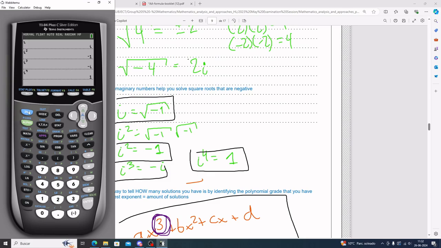And you will actually notice, and this is just good to know, that this pattern repeats if you keep on going. So to the power of 6 is the same as if it was to the power of 2. To the power of 7 is the same as to the power of 3, because it's a pattern. Point is, it's going to start repeating.